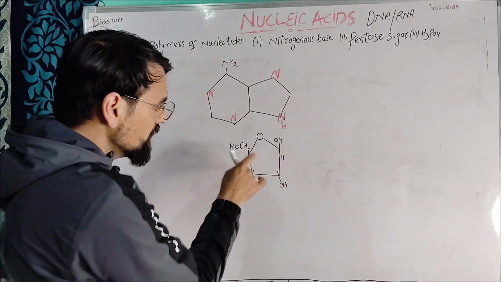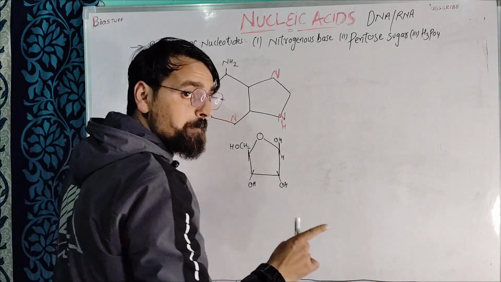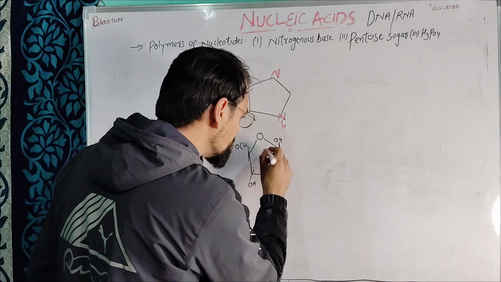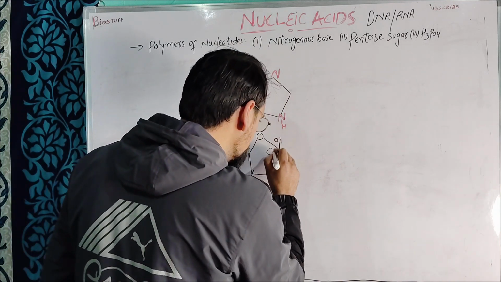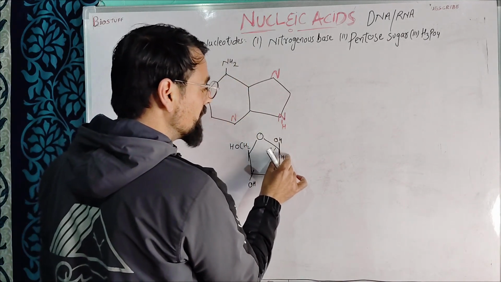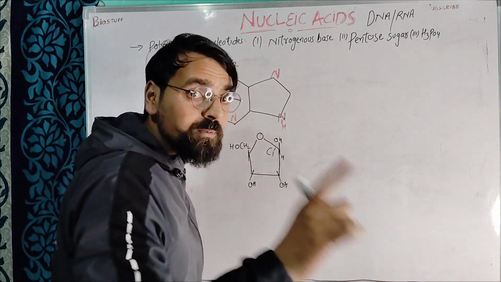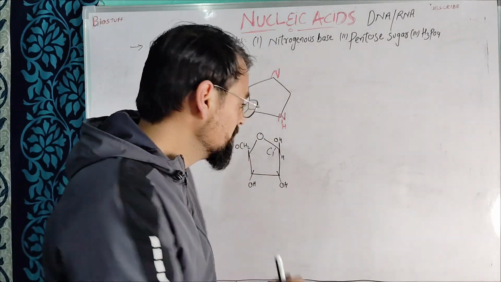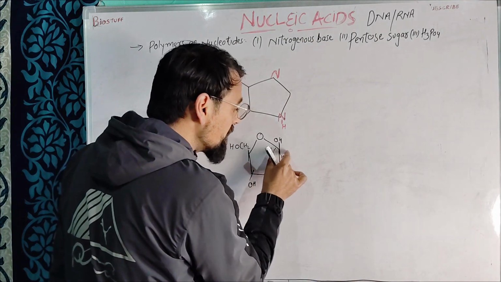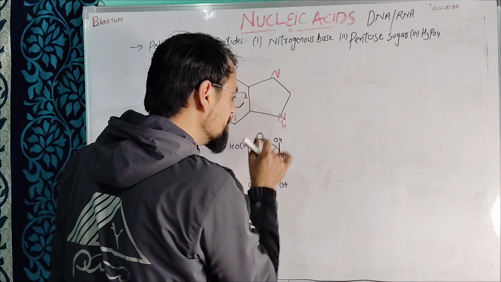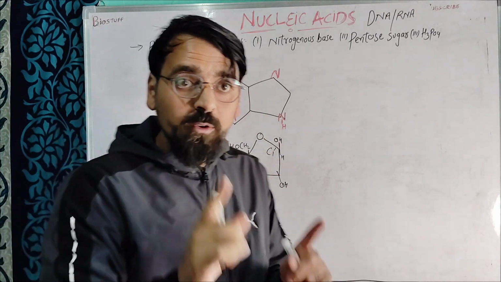So the carbon 1 prime of the pentose sugar, although this is a ribose sugar, carbon 1 prime of the pentose sugar, and position number 9 of the purine, because adenine is a purine. Again, carbon 1 prime of the pentose sugar and position number 9 of the purine make the glycosidic bond.